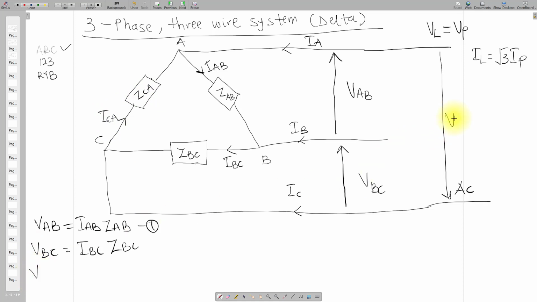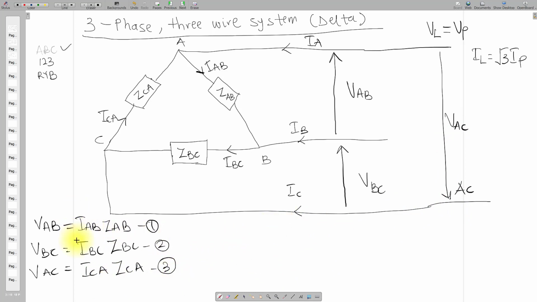So I can say that voltage VAC is equal to ICA times ZCA. So this is equation 2. This is equation 3. Now from these equations you can find the phase currents IAB, IBC and ICA. How we got them is very simple, using KVL, going through this loop, this loop as well, and the last one going through this bigger loop to get equation 3.